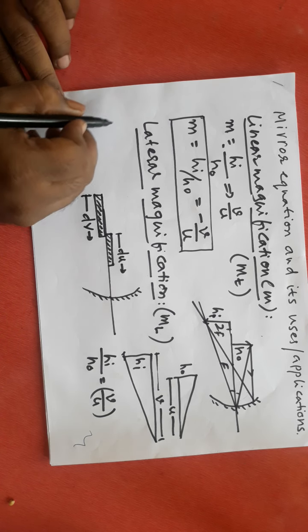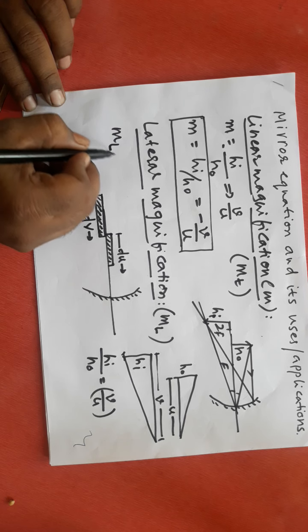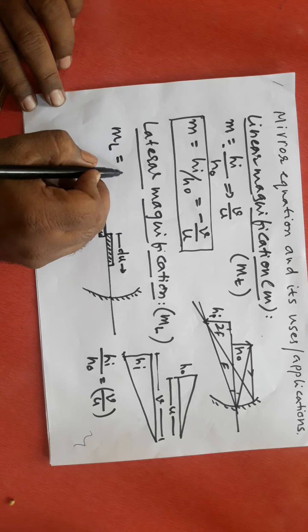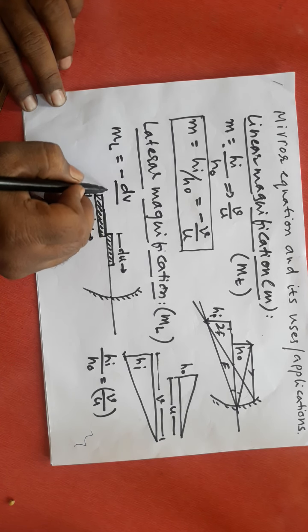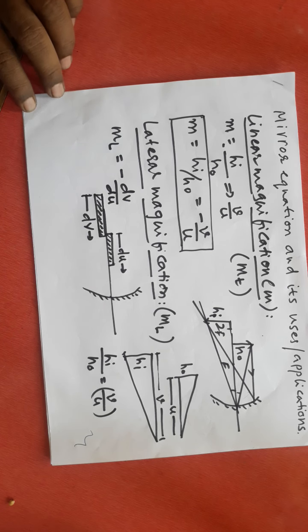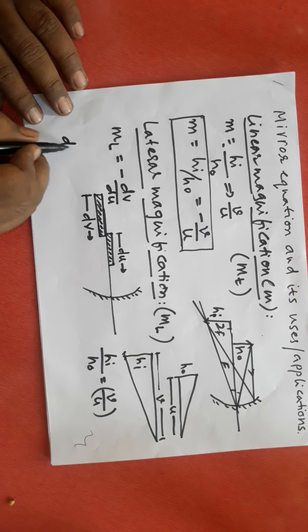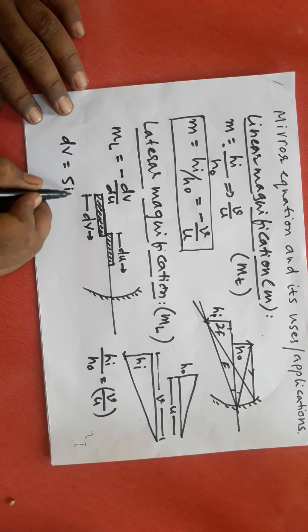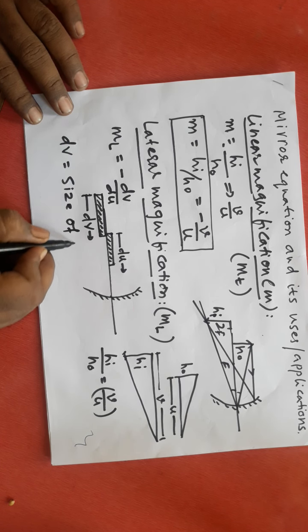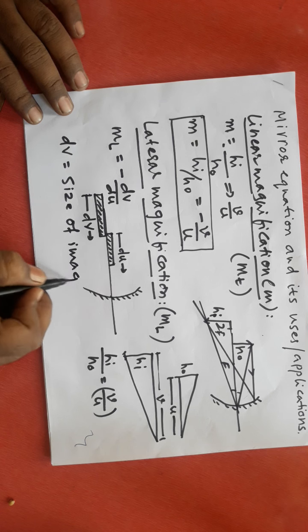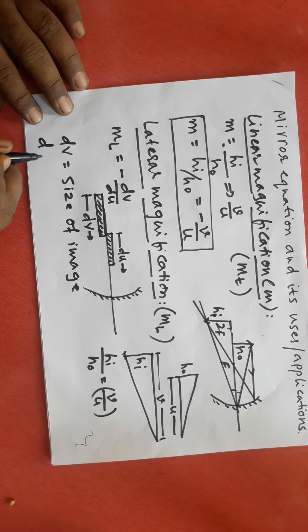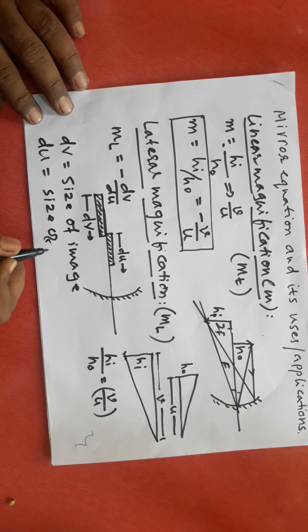Now I will define lateral magnification as minus dv by du. Here dv stands for the size of the image, and du stands for the size of the object.